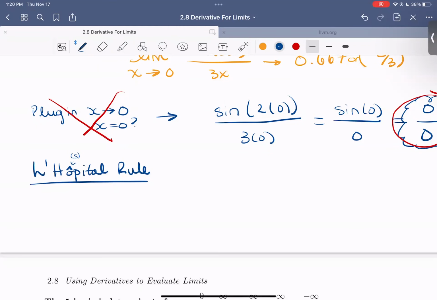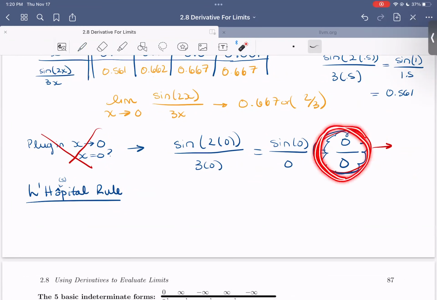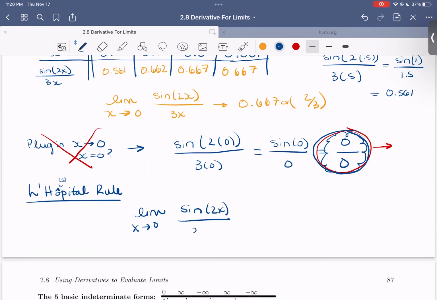L'Hopital's rule says that if we want to compute the limit of a function that has this form here, meaning that when we actually plug in the value, we get something like 0 over 0, then the limit that we want to compute, in our case the limit as x goes to 0 of sine of 2x over 3x, is equal to the limit as x goes to 0 of the derivative of the top over the derivative of the bottom.